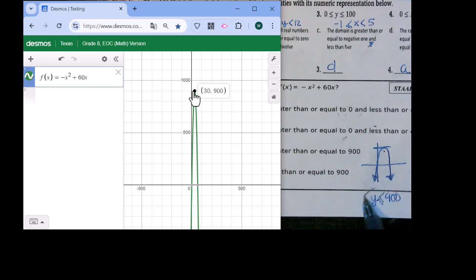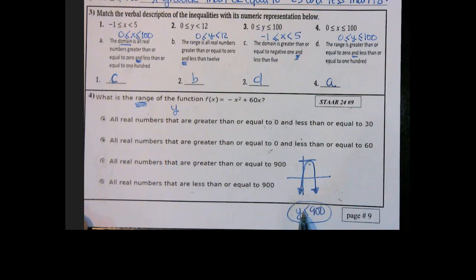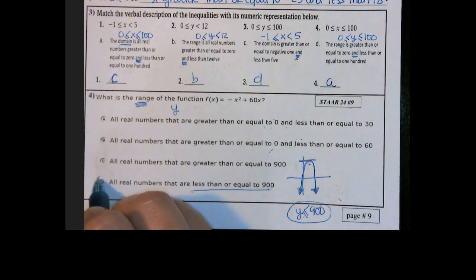So I know this is going to be an inequality that says y is less than or equal to 900. Now I go back to the multiple choices, and the one that says less than or equal to 900 is going to be letter D.